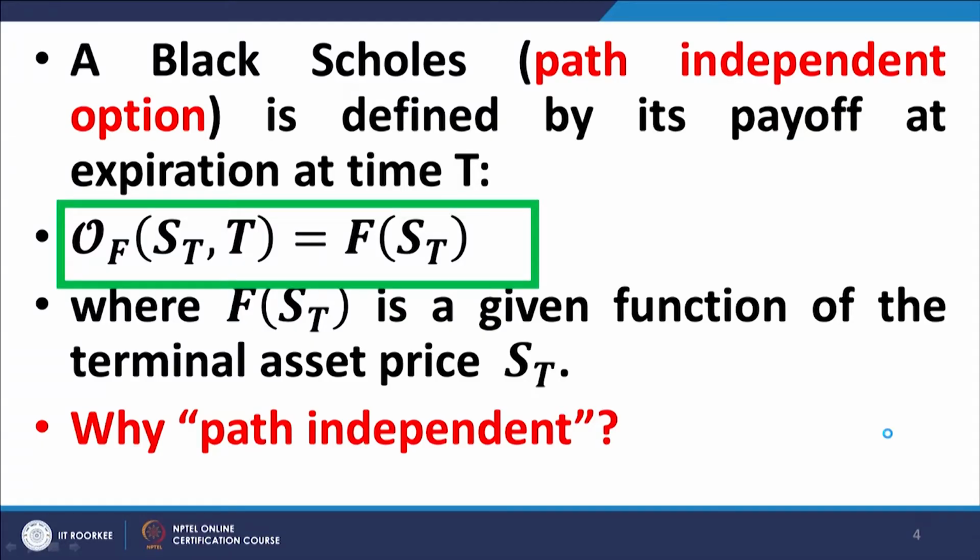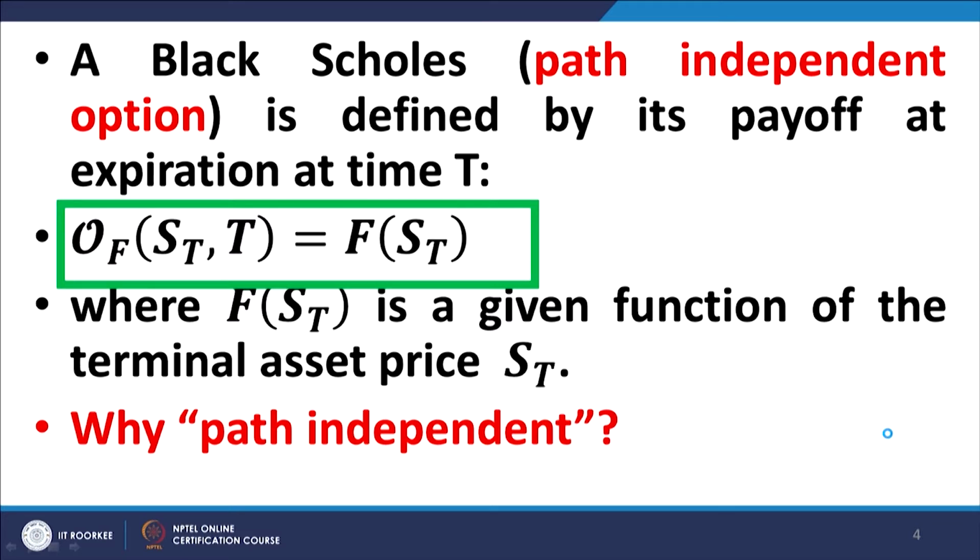As we did earlier, we can define the payoff at expiration of a Black Scholes option, or a path independent option, in terms of the expression given here in the green box.